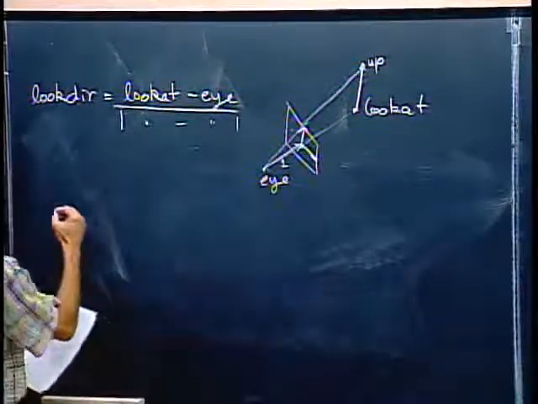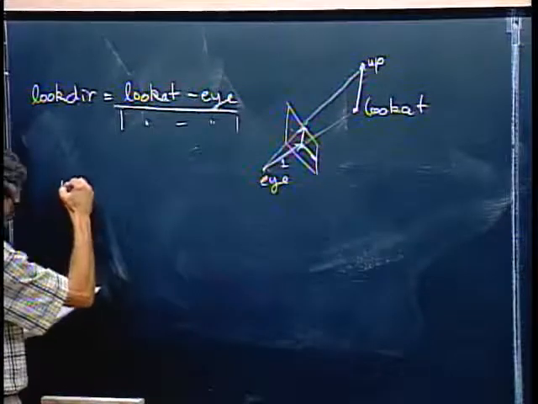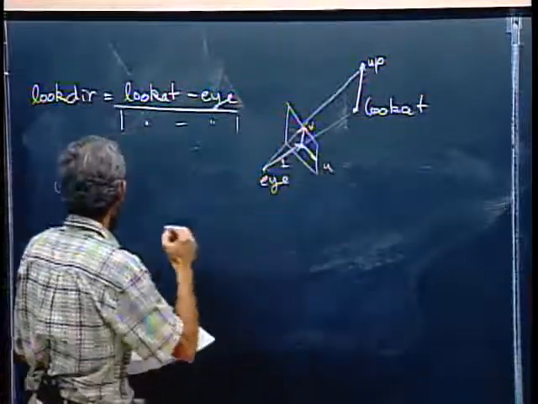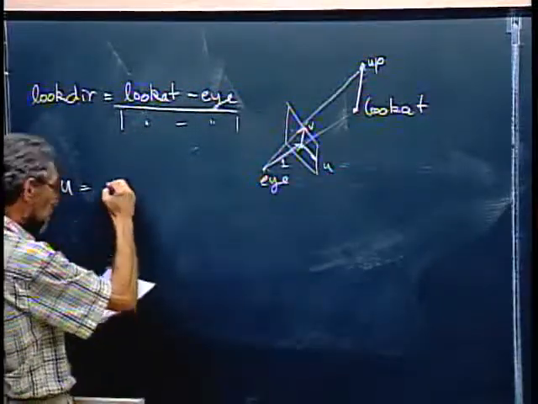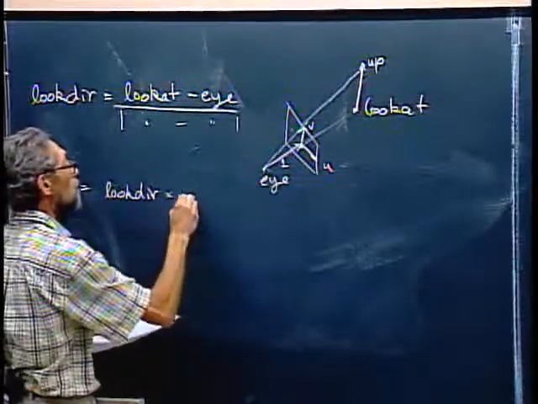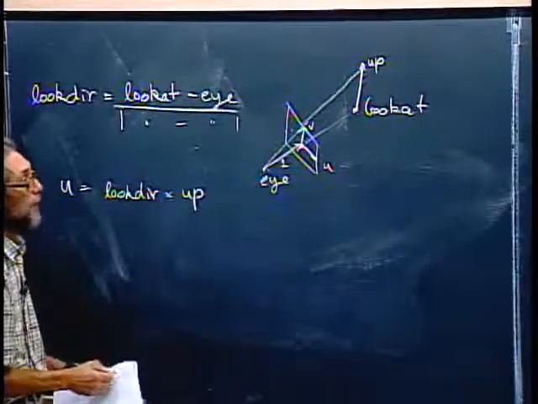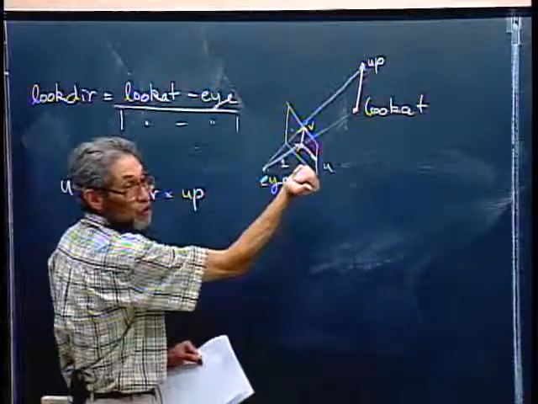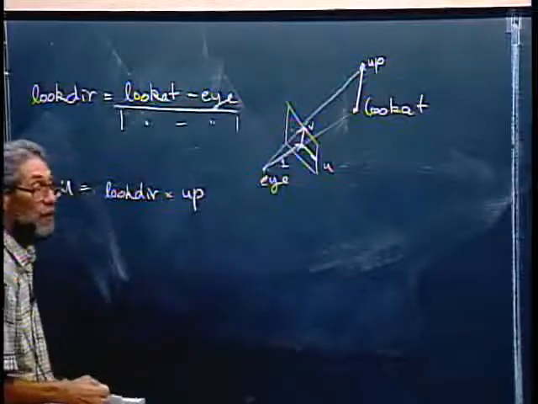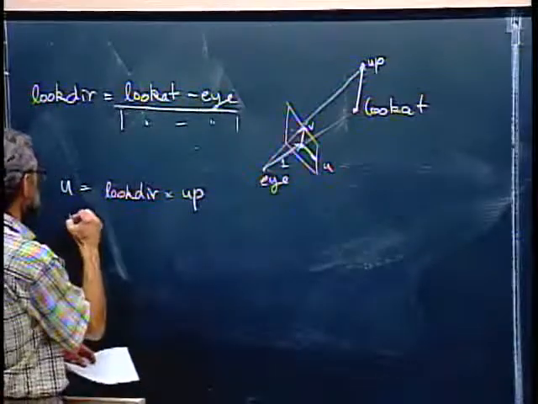So we can get the, I'll call it u, because it's not the x-axis, it's the u-axis in this plane. And that's going to be look direction cross the up vector. This times is a vector cross product. By the right-hand rule, that's making x go to the right in this plane, and so the up is going to go up instead of down if you do it in that order. And then the v is going to be, well, let's just normalize it.